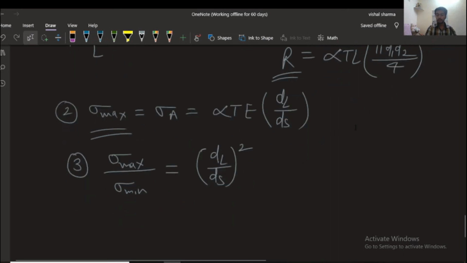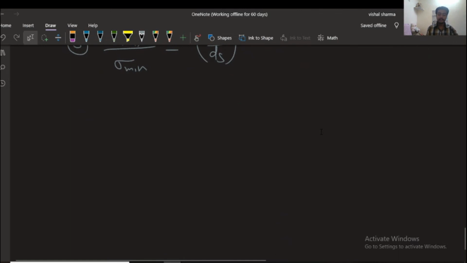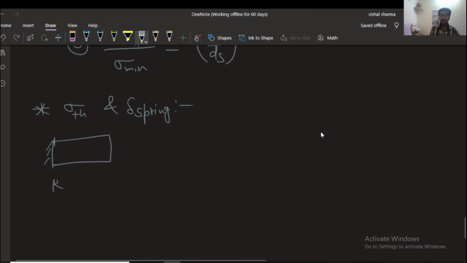Now the next and final case, when there is thermal expansion, there is an expression for sigma thermal and delta, the deflection in the spring. Just take an example here. A beam of length L is expanding due to the temperature change, and it is connected to a spring.